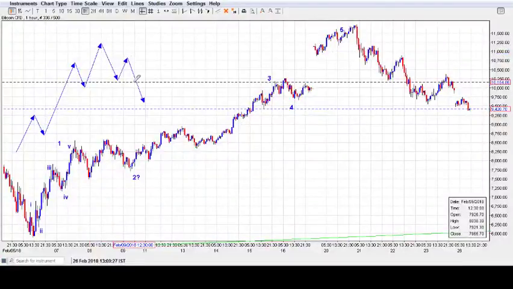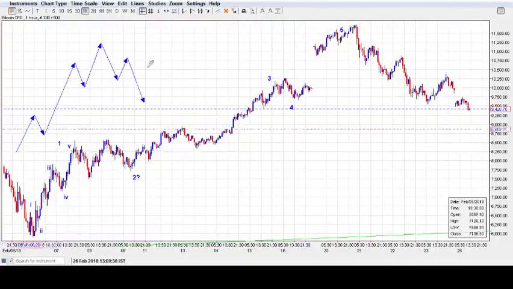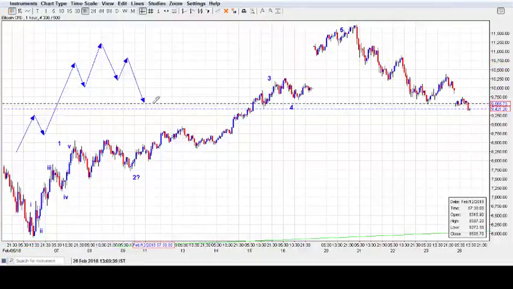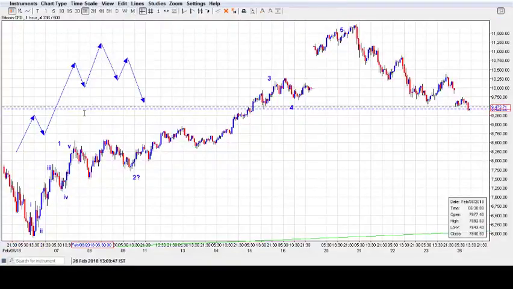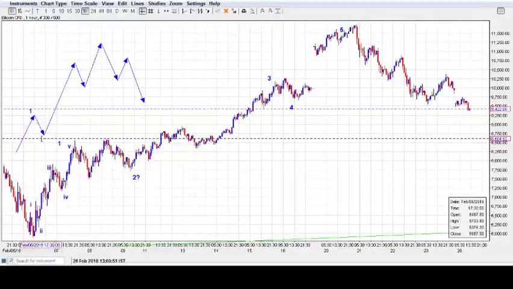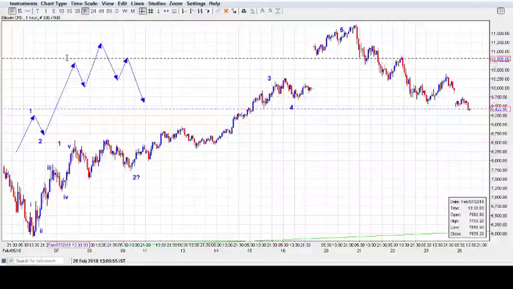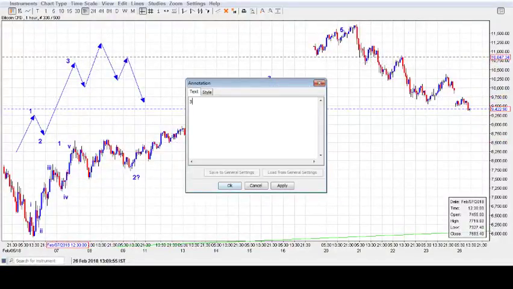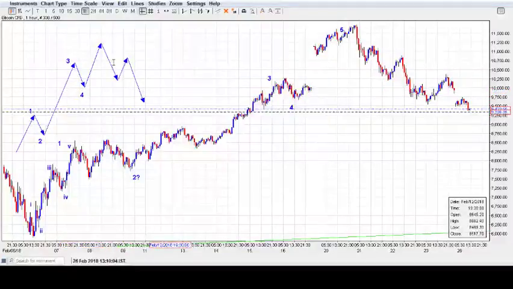In this case, it is a drop, or it could be a rally on the opposite side of the trend, but it's normally followed by 3 waves corrective, and that is how the labeling goes: 1, 2, 3, 4 and 5.